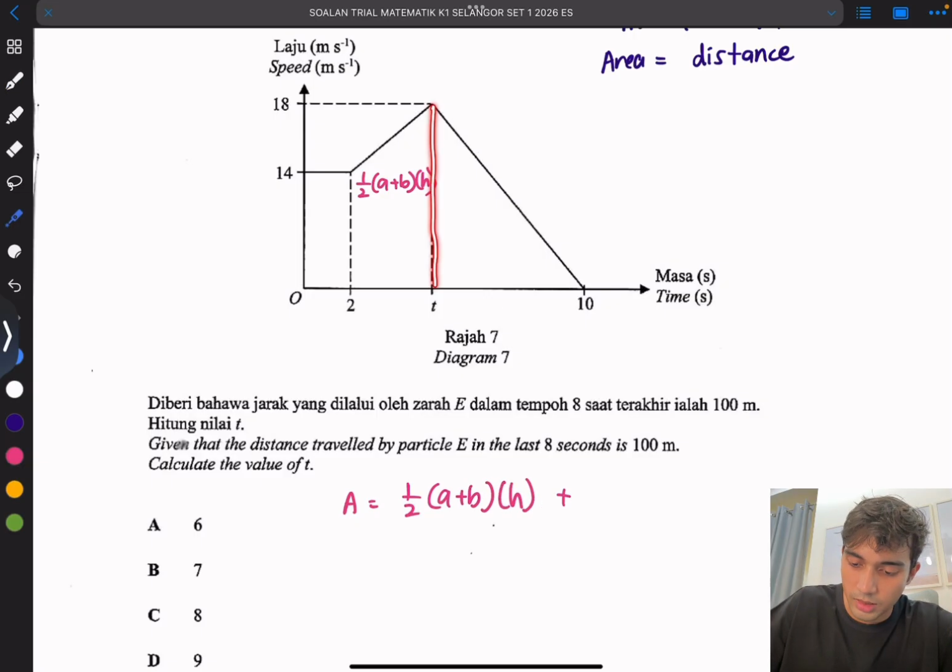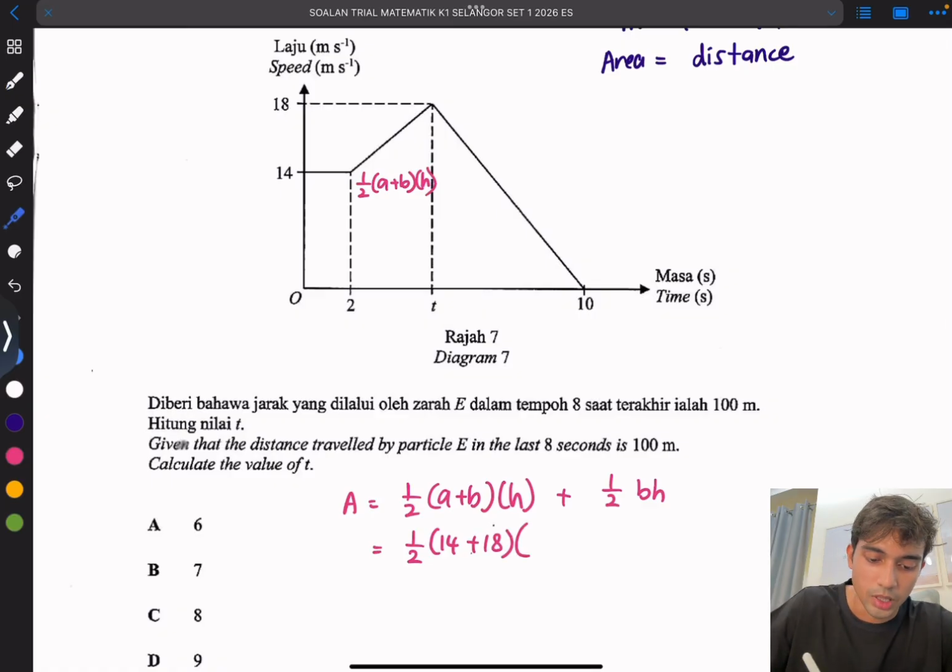And then this is a triangle. The triangle's area formula is 1 over 2 times base times height. Okay, let's substitute. So our A will be 14, our B will be 18, and our height here will be t minus 2, because we don't know the value of t, so we put t minus 2.